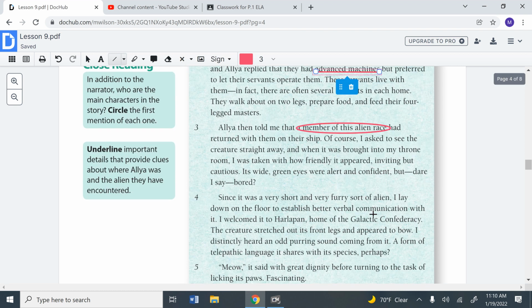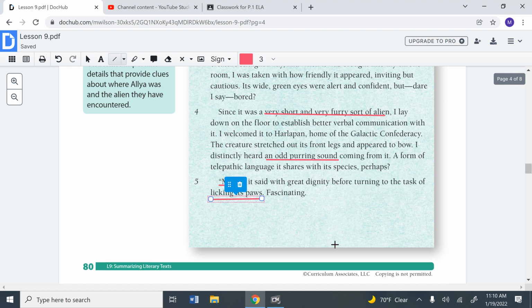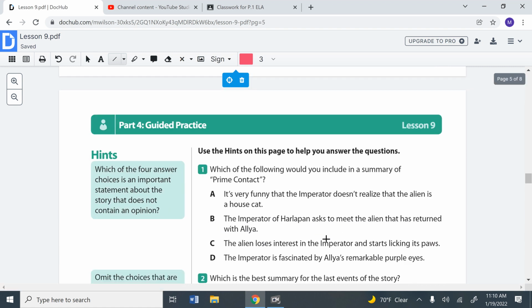Let's see, in paragraph 4, it says they were a very short and very furry sort of alien. And that alien then created an odd purring sound. And then, obviously, the alien eventually said meow and licked its paws, which we all can assume means this alien was a cat. And so now that we've completed that, let's go on to the question.